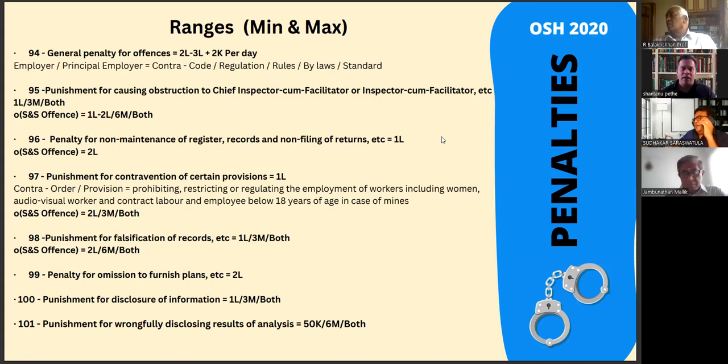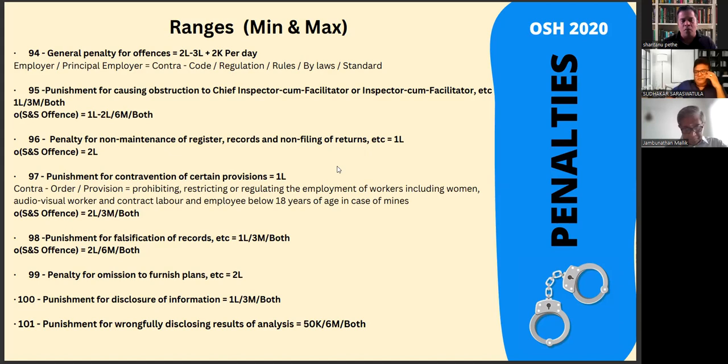It may not be the same as the inspector we have seen in other codes like the Code on Wages and Social Security. Here the inspector has so much power that he can enter the premises and check the safety, and if anyone obstructs the chief inspector, there will be a penalty of 1 lakh, 3 months imprisonment, or both. Penalty for non-maintenance of registers and records and non-filing of returns is 1 lakh to 2 lakh.